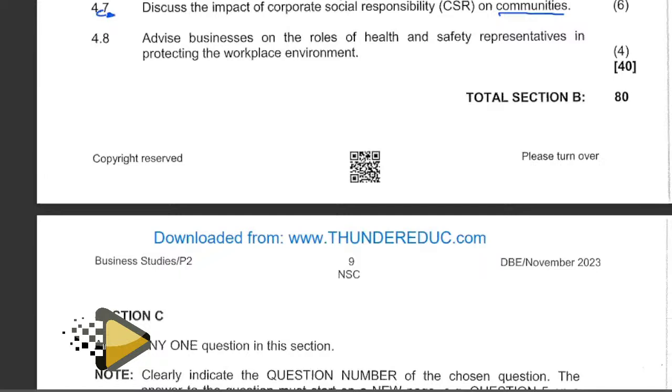So we're saying that provision of bursaries encourages communities to improve their level of skills.